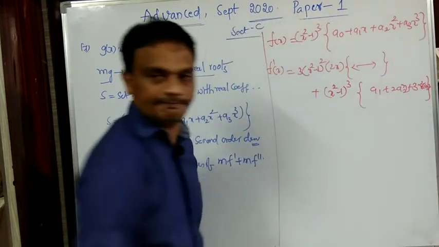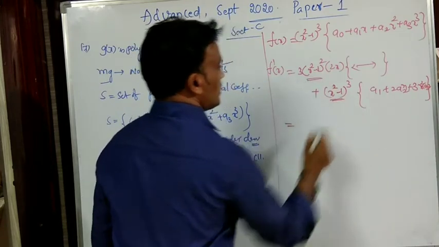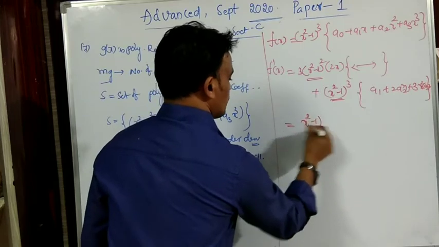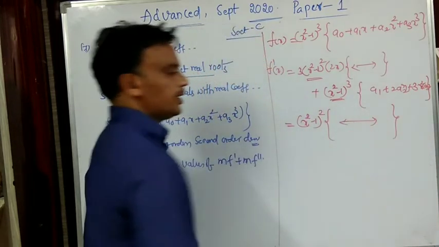Am I right? So please take the common factor (x squared minus 1) whole squared, and we will get a polynomial like this.